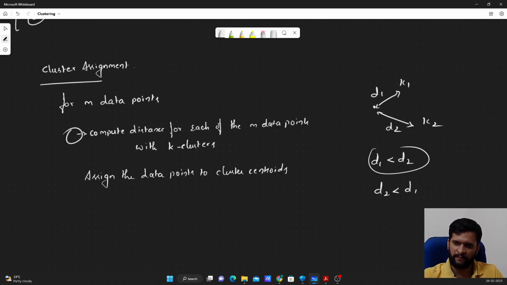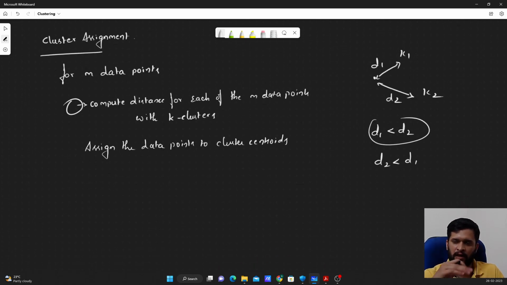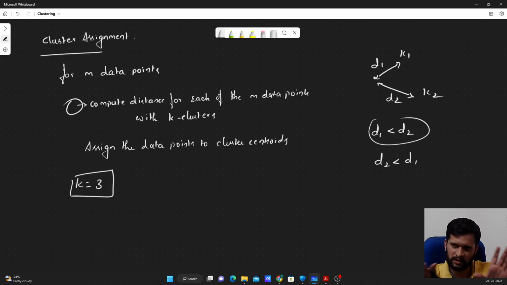So in this way, once we complete the assignment step, assigning the data points to each cluster centroid, let's say in this case, for example, we have initialized k equal to 3, so that we want to have 3 clusters in our given data set. Each of these clusters k1, k2 and k3 will have some data points assigned to them, right?